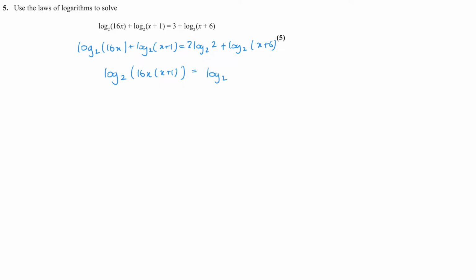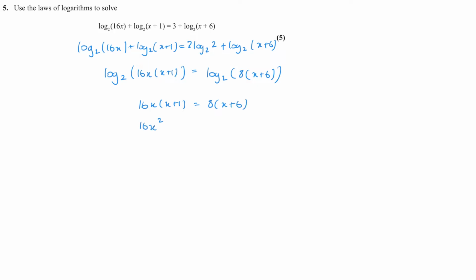So log to the base 2 of 8 times x plus 6. Okay, so that's 2 cubed, and then I can multiply these two within the log. Now I've got them both as log to the base 2 single logs. That means 16x times x plus 1 is equal to 8 times x plus 6.